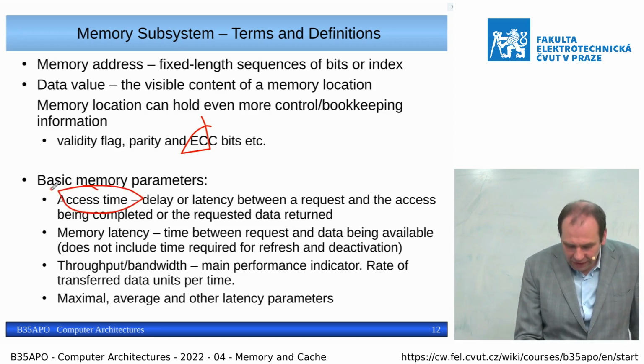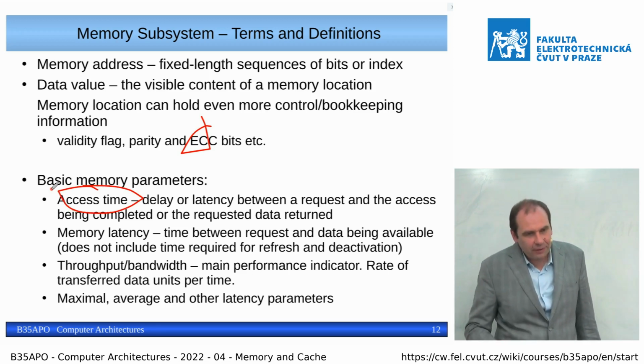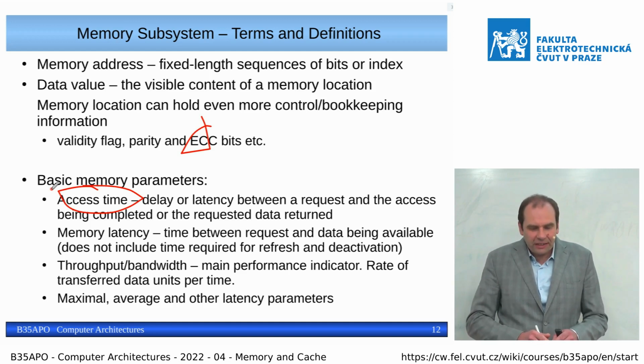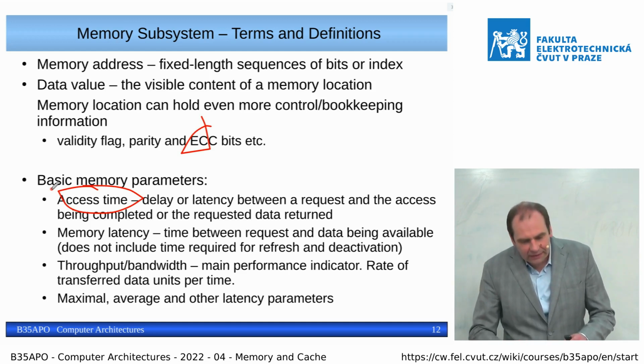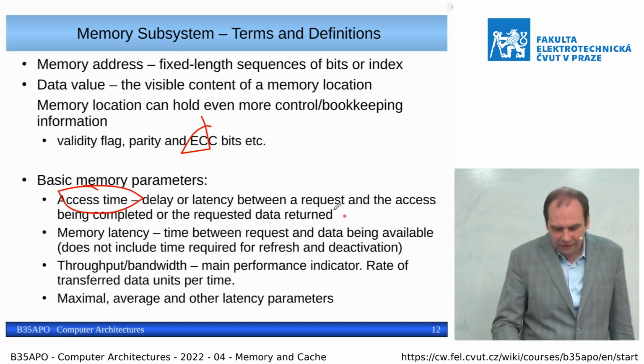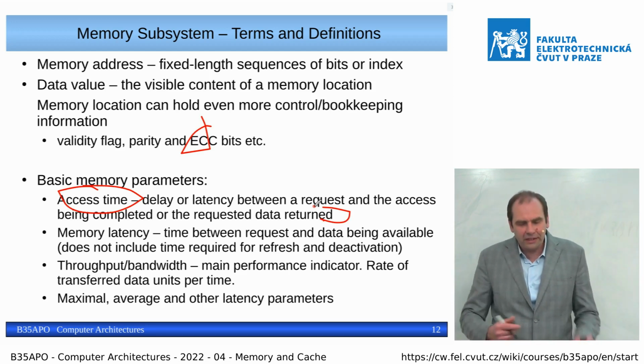If we look at actual memory, we can consider the access time, which is the actual delay between one request and the time when you can submit the second request. So basically it includes even the recovery of the memory.